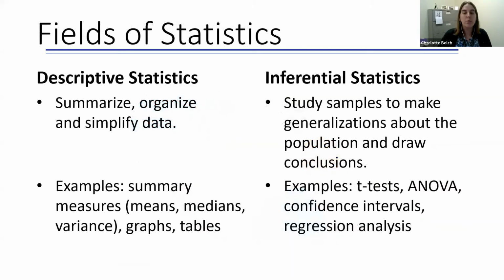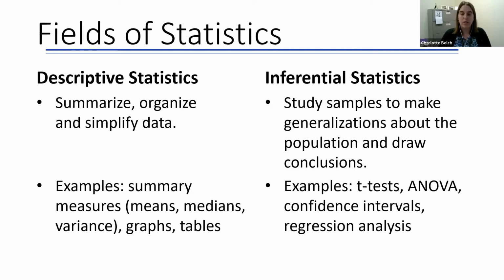So there are two parts of the field of statistics, as I mentioned before. We have descriptive statistics and also inferential statistics. Descriptive statistics involve describing a data set in terms of summarizing, organizing, and simplifying the data. Descriptive statistics might involve summary measures, tables, or graphs. And when we generalize the information from a sample to a population, we are performing inferential statistics.